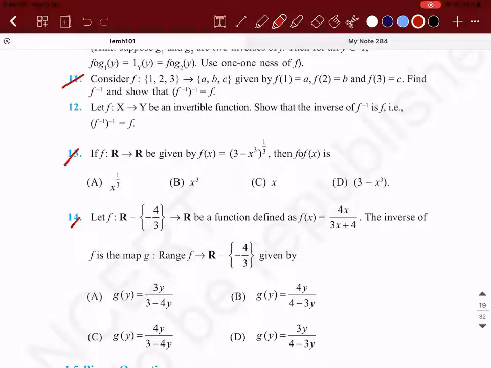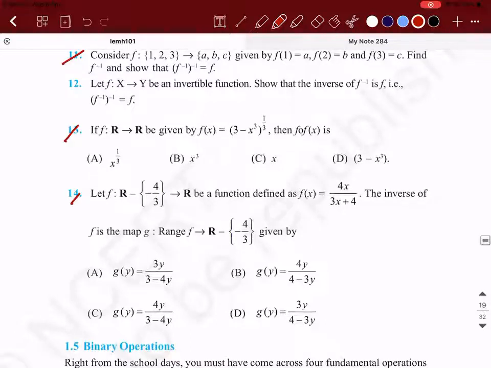So do the 13th one and 14th one. f is a function mapped from R to R, given by f of x is equal to (3 minus x cubed) to the power 1 by 3. Find f inverse of x. What do you think will be the answer?